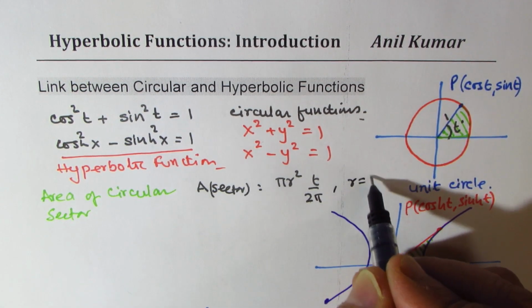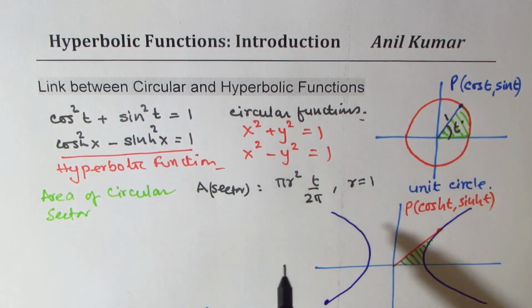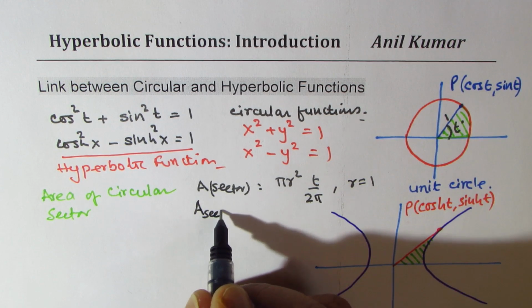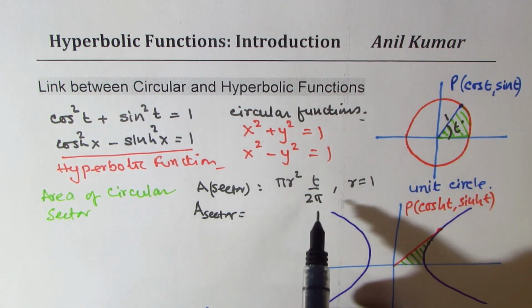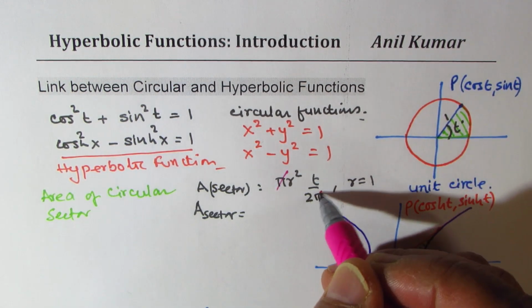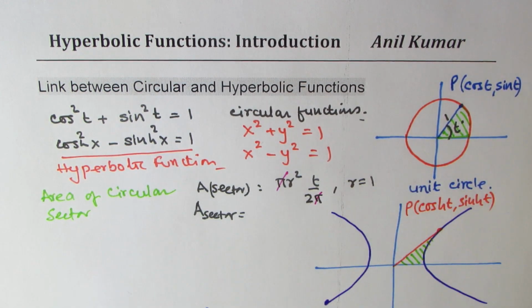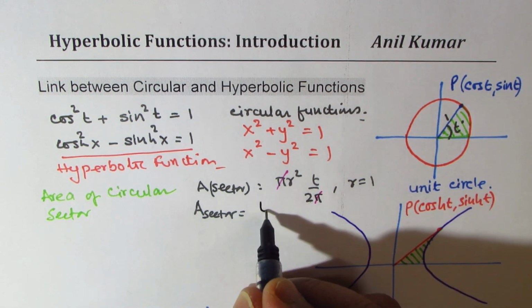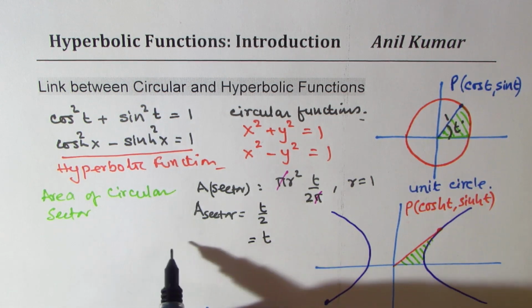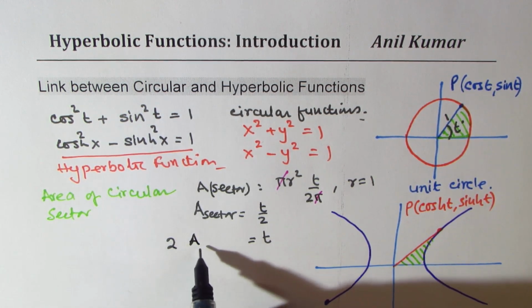Now since r equals 1, pi and pi cancel. So we get the area of the sector equals, let me show you here, pi and pi cancel, r is 1, equals t over 2, or that gives us t as twice the area of the sector.